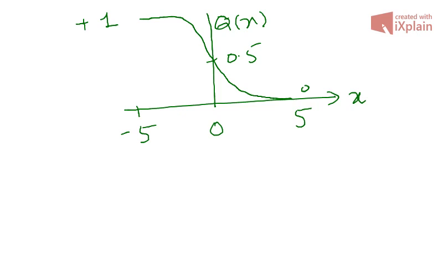The reason is that, as I told you earlier, Q(x) is 1 minus phi(x), and this is the CDF. When we say this is the CDF, F of minus infinity is 0. So you get Q(x) equal to 1.